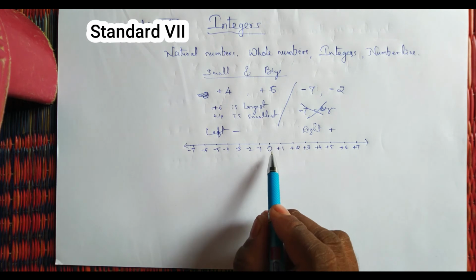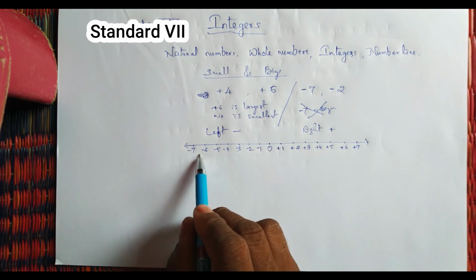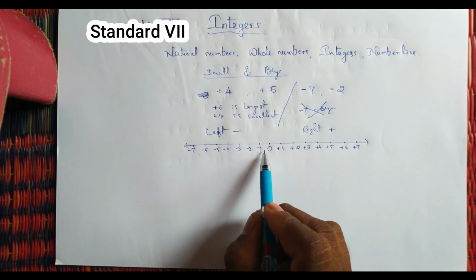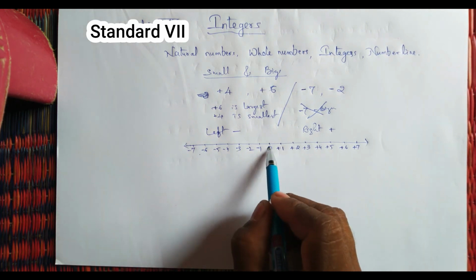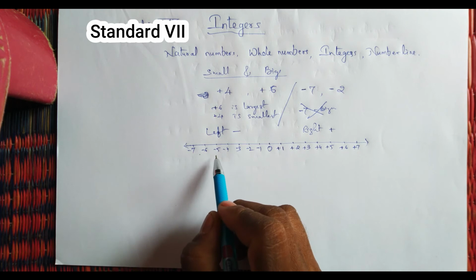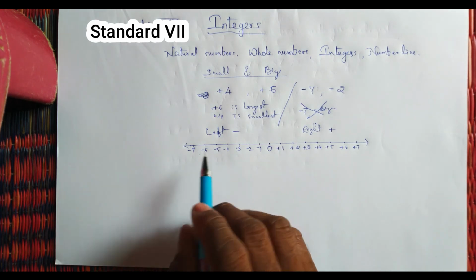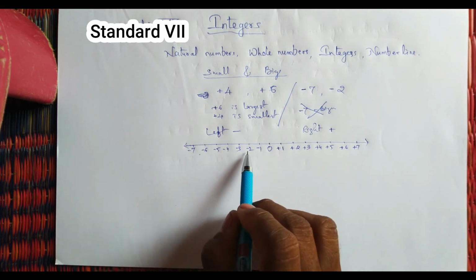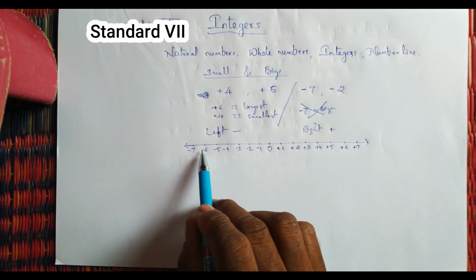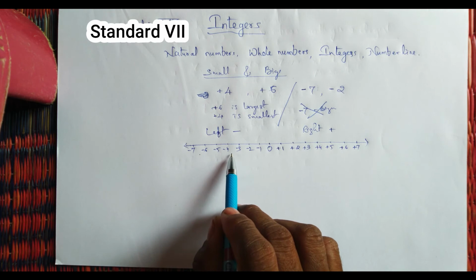What happens in negative numbers is that when the number increases, the value of that number decreases. Understood? When the number goes bigger, the value is decreasing.